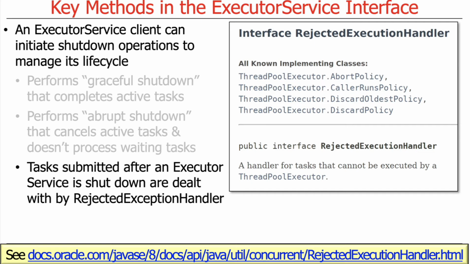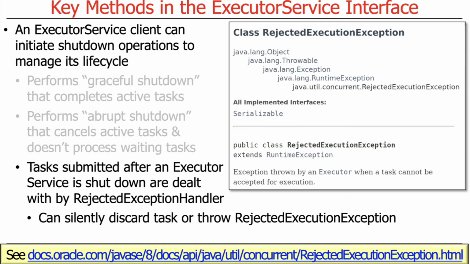If you submit tasks to an executor service after it's been shut down, then what happens is dictated by something called the rejected execution handler. It's a handler for tasks that can't be executed by a thread pool executor.